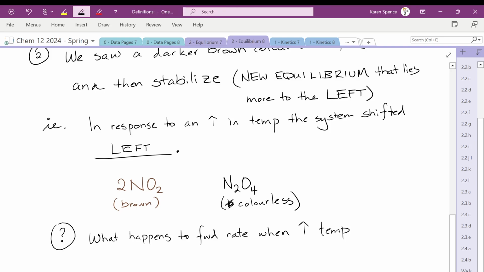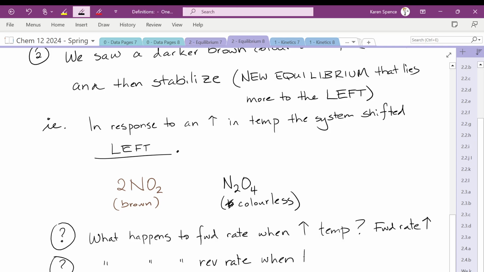The rate increases because the particles are moving faster, they collide more frequently, and they collide with more energy. Therefore, a larger percentage of collisions will have sufficient energy to collide successfully. Okay, so when we increase the temperature, the forward rate increases.